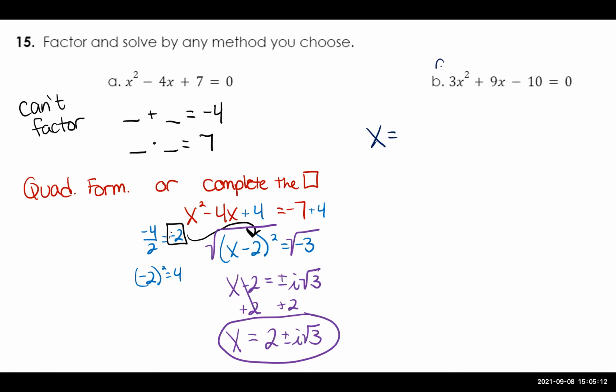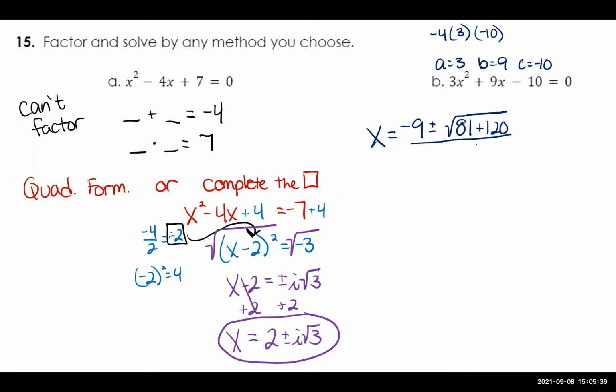Let's see, so my A is 3, my B is 9, and my C is a -10. So we'd have the opposite of B plus or minus the square root of B squared minus 4AC. So -4 times 3 is -12. -12 times a -10 is a +120.